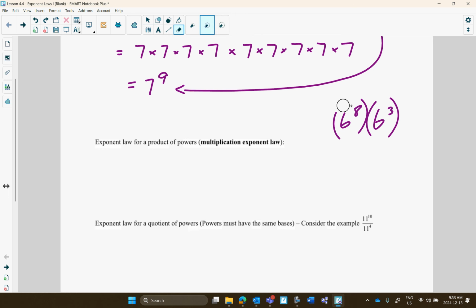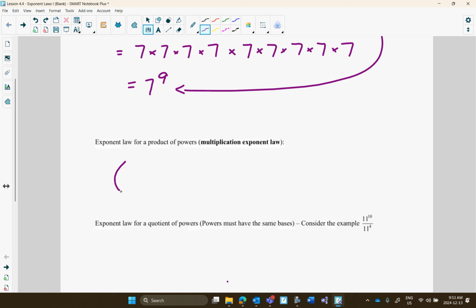So whenever we multiply 2 or more powers with the same base, so if I have x to the m, and those represent some numbers, and I multiply that by x to the n, that's the same as keeping the base the same and adding the 2 exponents.